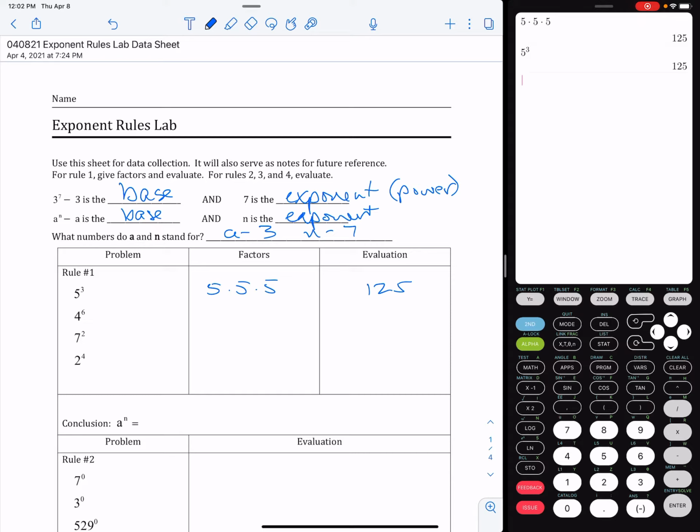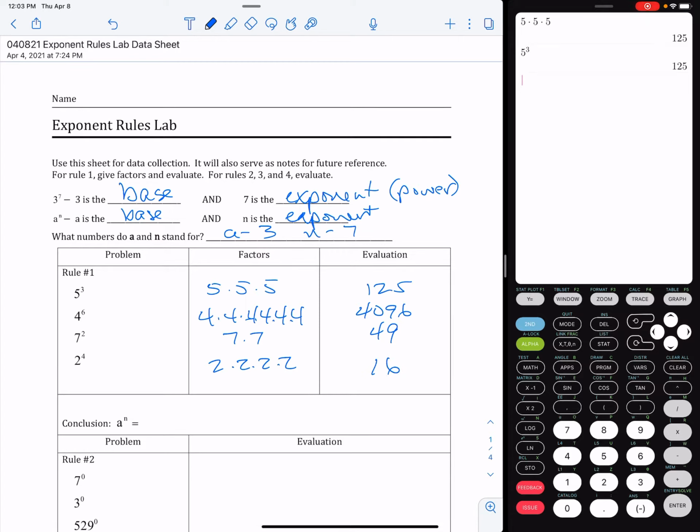Well, that's what I wanted you to do on each one of those. So you should have ended up with 4 times 4 times 4 times 4 times 4 times 4 for 4 to the 6th power, which would give you an evaluation of 4,096. 7 to the 2nd would be 7 times 7, which is just 49. 2 to the 4th power, which is 4 2s, should give you a value of 16.